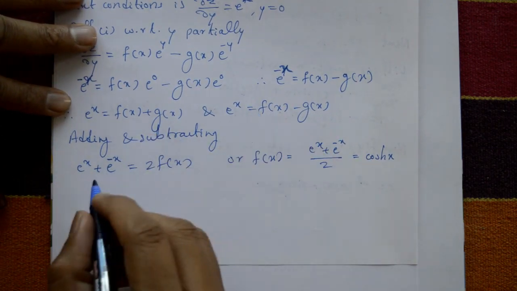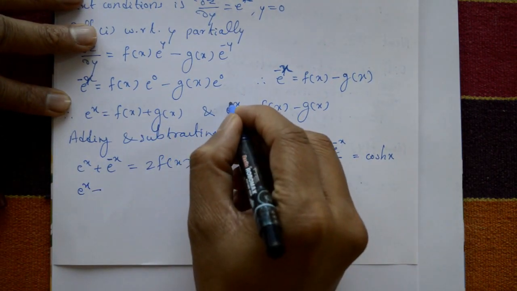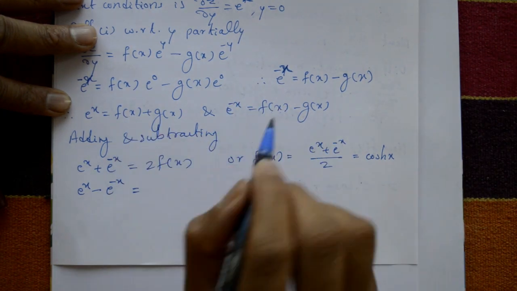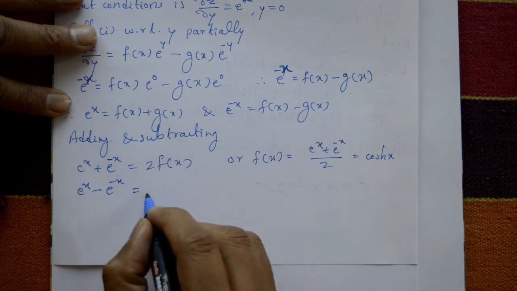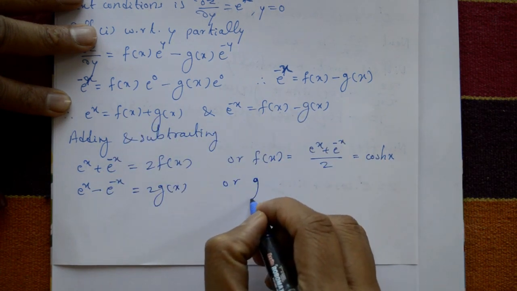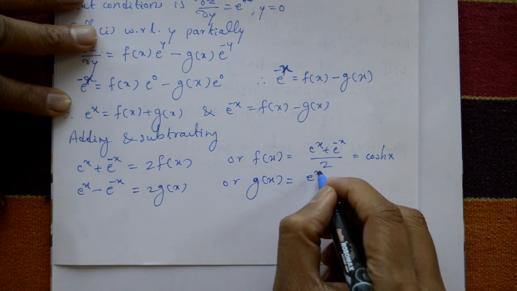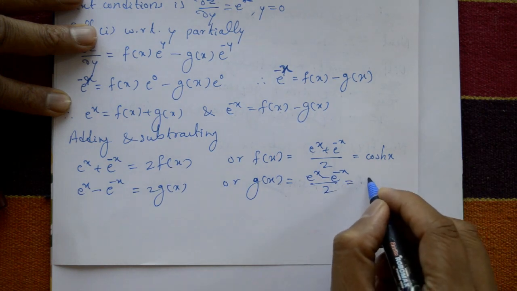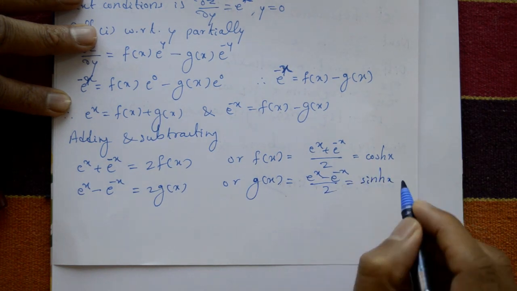Next, subtracting these two equations: e^x - e^(-x) = 2g(x). So g(x) = (e^x - e^(-x))/2, which is the hyperbolic function sinh x.